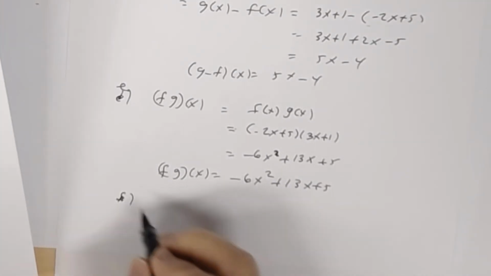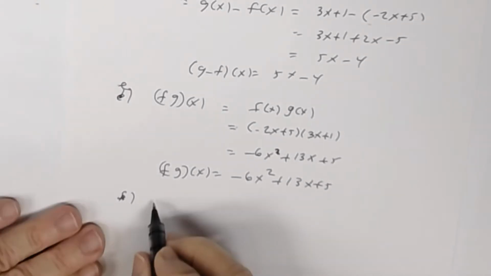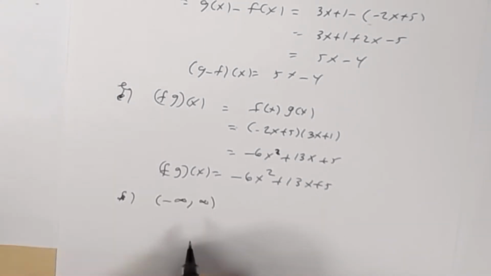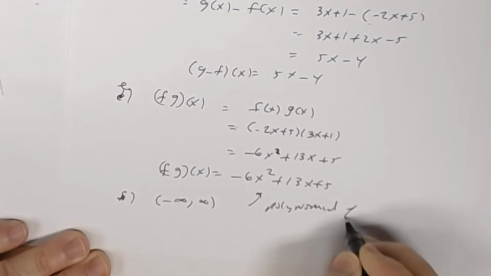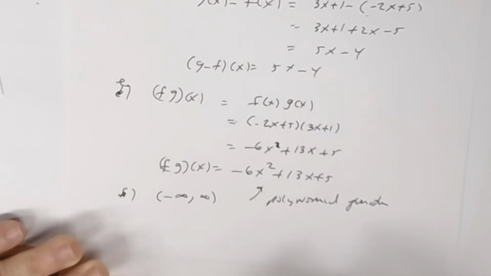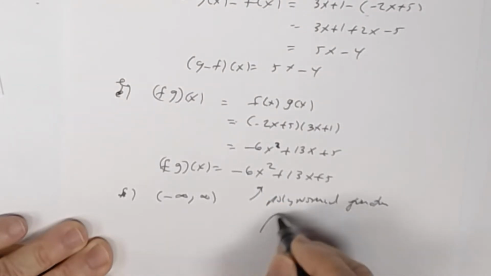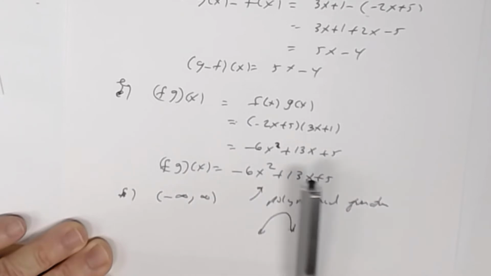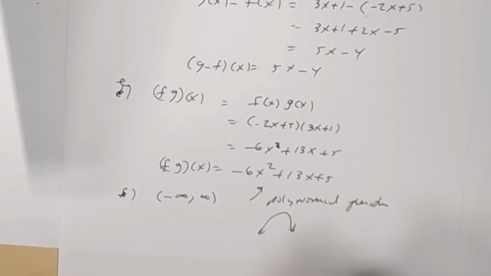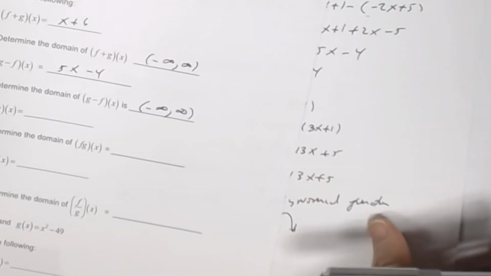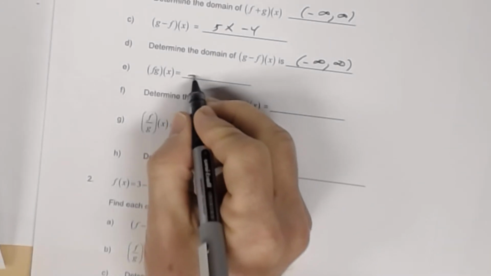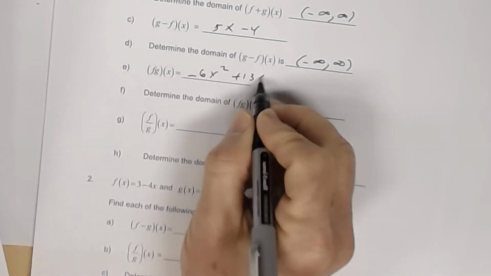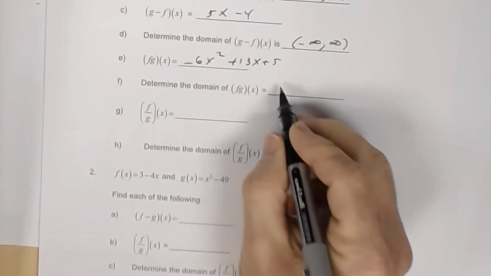Since this is a polynomial function, the domain is all real numbers, negative infinity to infinity. Remember, it's a quadratic function, a parabola, and this one is going to open down. So you go from negative infinity to infinity. Let me go ahead and write this down. So for e, the answer is negative 6x squared plus 13x plus 5, and the domain is all real numbers, a polynomial function.